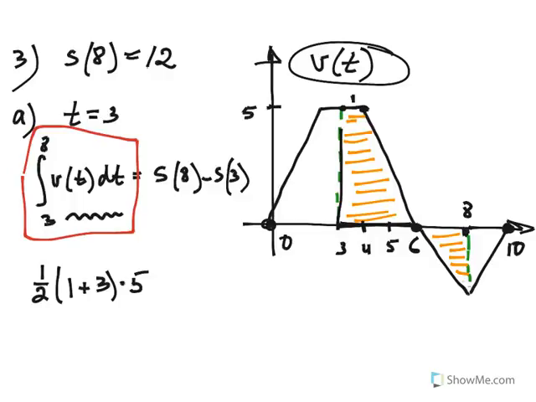Okay, that's our trapezoid. Plus, this little triangle is below the x-axis, so that means the answer is going to be negative. I understand the area cannot be negative, but we talked about it, remember? We're talking about the integral, and the value of the integral is negative because your graph is below the x-axis. So minus the area of the triangle, 1/2 base times height. This distance is 2.